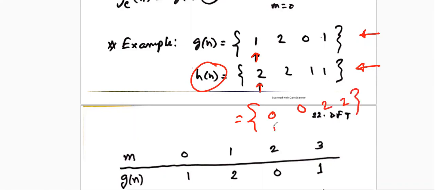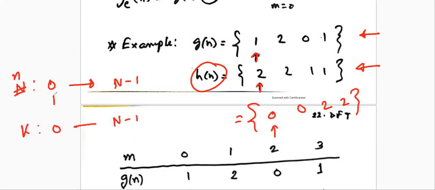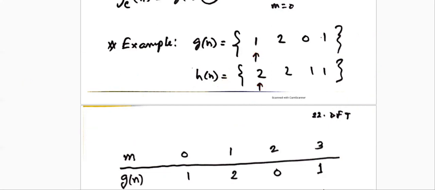Still, we need to say that this is the 0th sample, so we always start with the 0th sample. As mentioned, small n runs from 0 to N minus 1, and similarly capital N also from 0 to capital N minus 1.